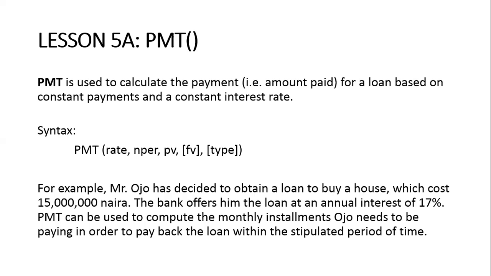Okay, sorry for that. Let me edit it. For example, Mr. Joe has decided to obtain a loan to buy a house, and the bank offers to give him a loan at an annual interest rate. PMT can be used to compute the monthly installments you need to pay in order to pay back the loan in a stipulated period of time.